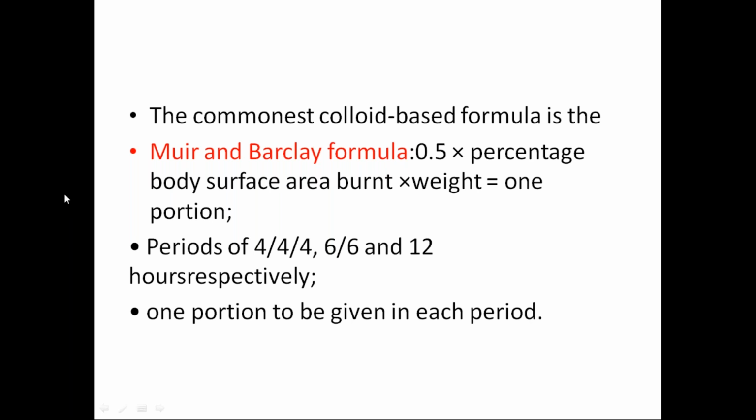And the commonest colloid-based formula is Muir and Barclay's formula, which is 0.5 into percent of body surface area burnt into weight, equal to 1 portion. We divide the periods as either 4, 4, 4 or 6, 6, 12, 12 hours, and 1 portion should be given in each period.